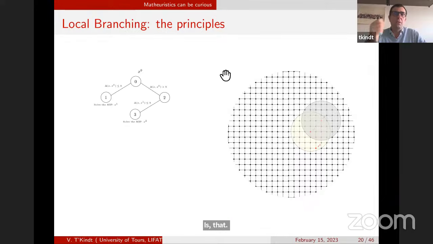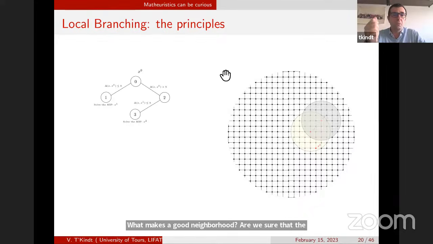what makes a good neighborhood? Are we sure that the strategy of the first improving neighborhood is the best strategy? So starting from that, if you generate k neighborhoods on the same solution and you explore these k neighborhoods, what is the rule for selecting the next solution?